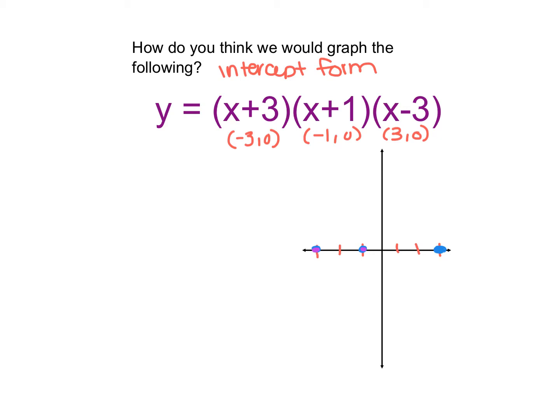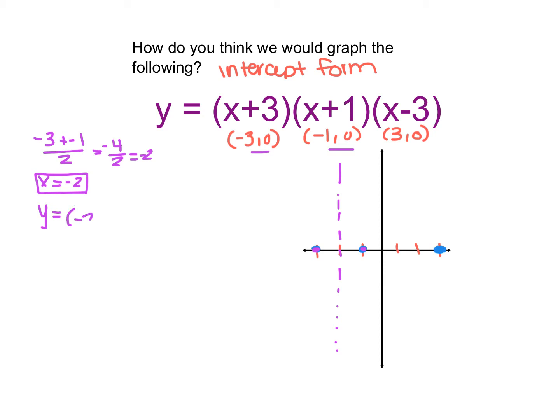So if we start with these first 2 points here of x is -3 and x is -1 for our x-intercepts, we find the average. So we have -3 plus -1 divided by 2. So that's -4/2, which is -2. So we know at x equals -2, approximately, there's going to be some sort of local minimum or maximum point that we reach. So from here, we're just going to plug that value into our equation and find out what the corresponding y value would be.